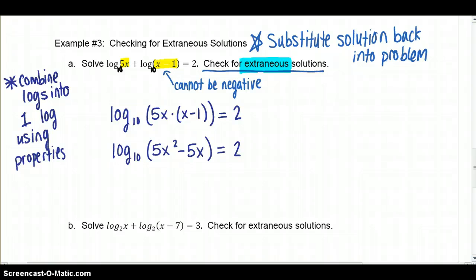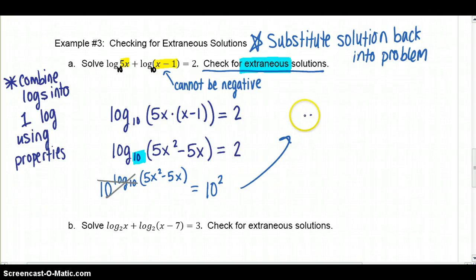I should be able to recognize that there is a base 10 here, which means in order to get rid of a log base 10, I need to raise both sides to an exponent of 10. So it becomes 10 to the log base 10 of 5x squared minus 5x. And whatever you do to one side, you have to do to the other. So 10 to the second. Alright, over here, 10 and log base 10, those should cancel out.